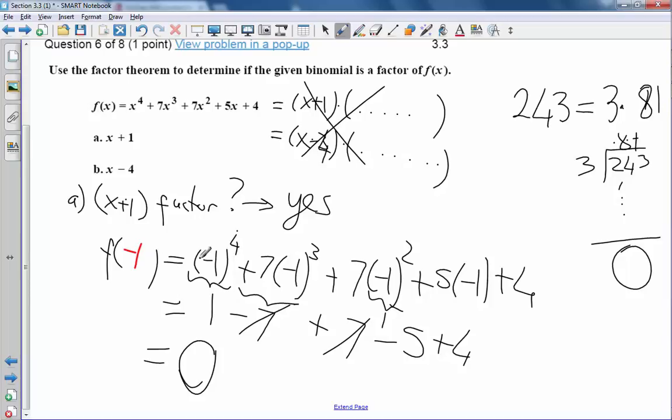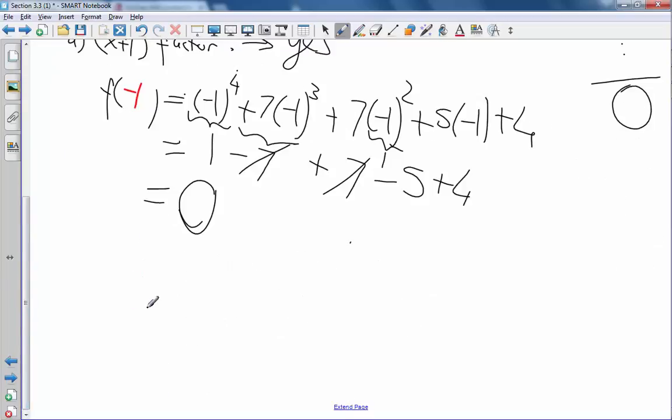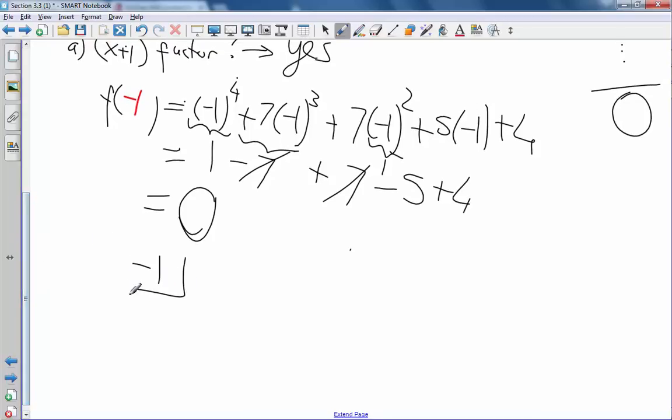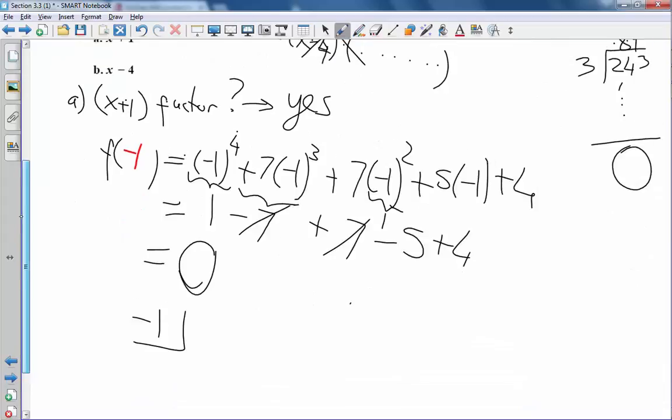So if you don't like doing this, the other way is to see whether x plus 1 can divide this or not. But we are not really using the factor theorem then. If you want to do that, I just want to present that option. If you want to test whether x plus 1 is a factor, you need to check minus 1 with synthetic division with this.